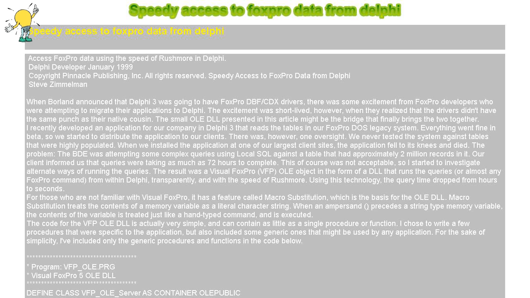CreateOLEObject is used with a string parameter that points to the class name that is being instantiated. In this case, the name of the DLL is VFP_OL and the class is VFP_OL_server. So to make a connection I used CreateOLEObject('VFP_OL.VFP_OL_server').